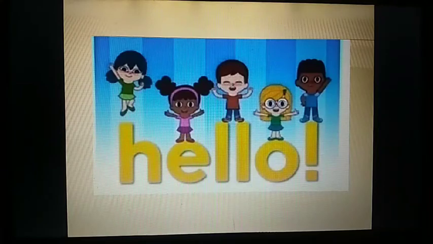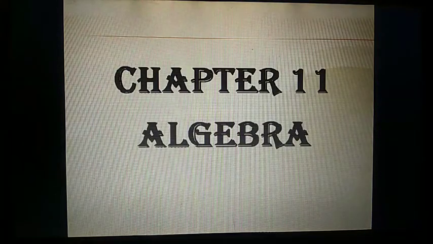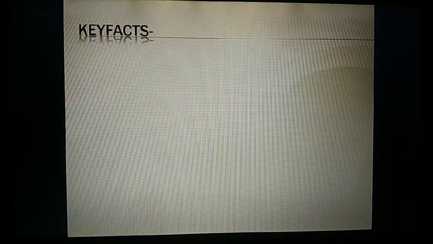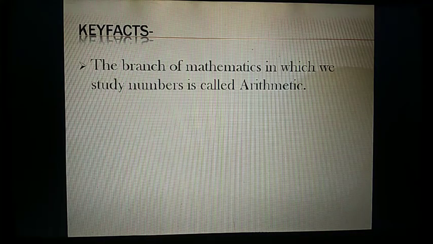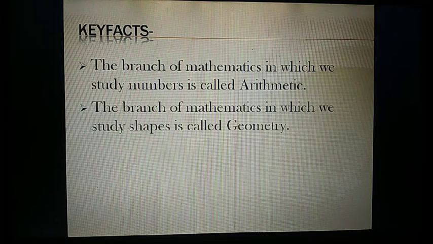Today we will start with a new chapter, chapter 11, Algebra. There are different branches in mathematics. The branch of mathematics in which we study numbers is called arithmetic. The branch in which we study shapes is called geometry.